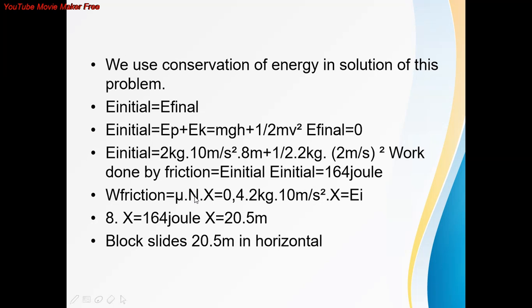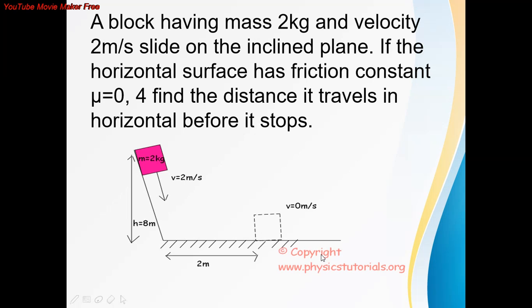So mu equal to 0.4, N equal to mg, so 2 into 10, and x is the distance we have to find. When we equate this with E initial, we get 8x equal to 164 joules, and finally we get x equal to 20.5 meter. So the block actually slides 20.5 meter in horizontal. This distance is basically 20.5 meter, not 2 meter.